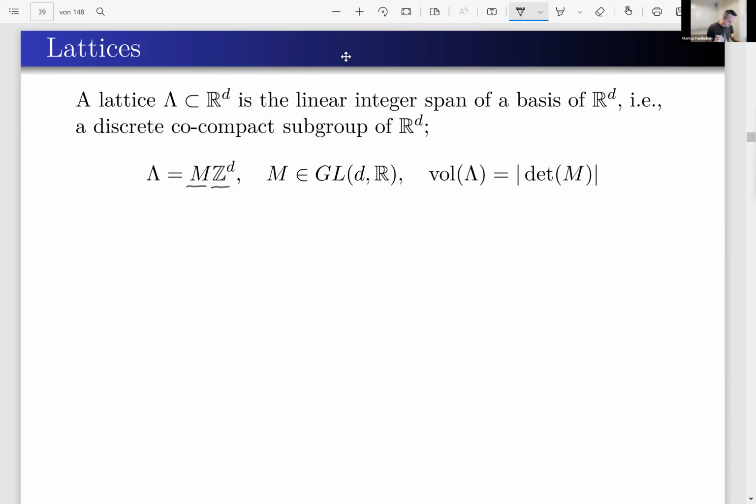The co-volume, which is usually called the volume in the theory of sphere packings, is then the absolute value of the determinant of the matrix that you choose to describe your lattice. Since you take the absolute value, you could just pick some matrix with determinant 1 and then use some scaling factor, which is then the volume of the lattice. So alpha in this case would be the volume.